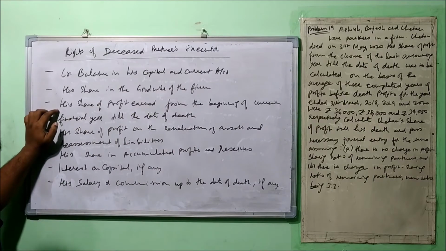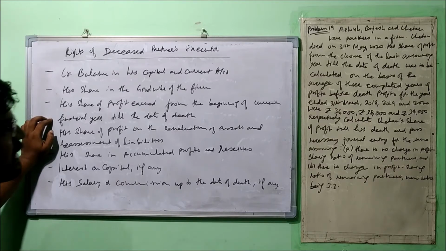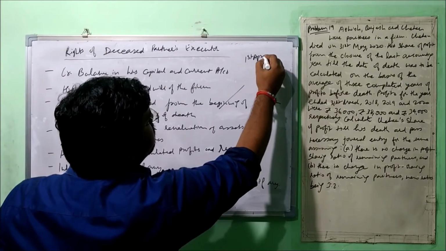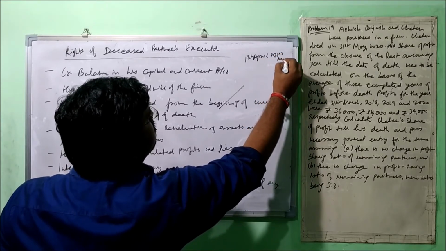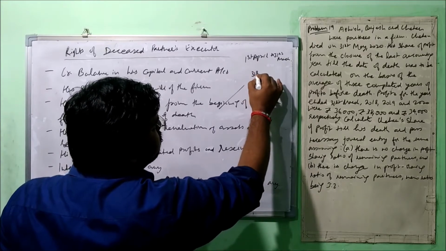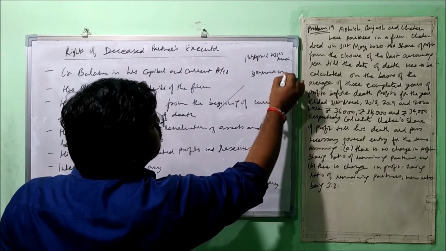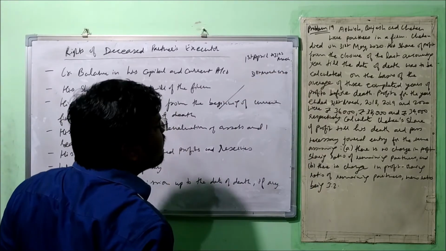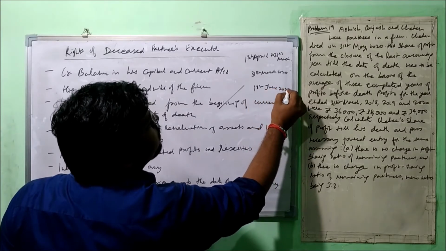His share of profit earned from the beginning of the current financial year till the date of death. Say for example a firm follows the financial year 1st April to 31st March. The accounts of the year ending 31st March 2020 are done, and the partner dies on 1st June 2020.